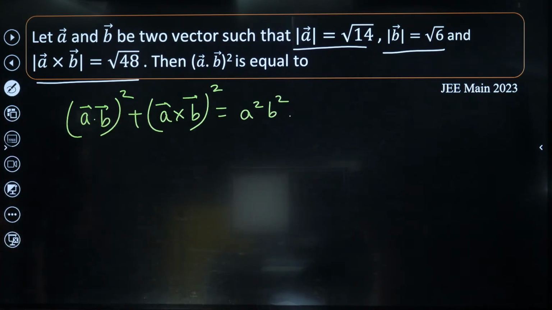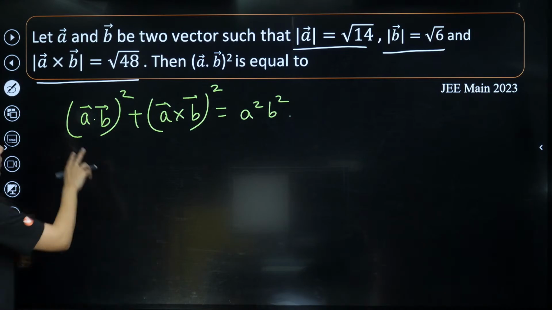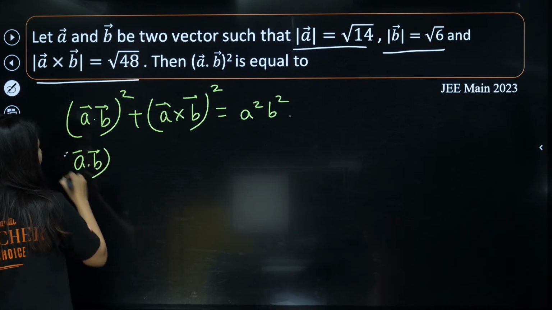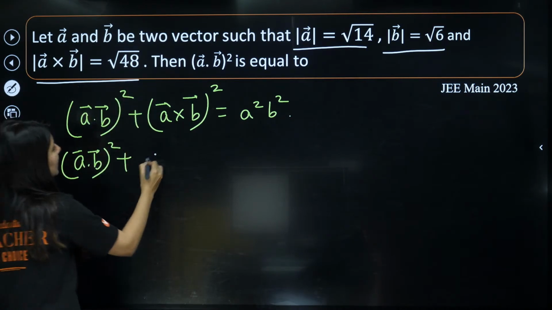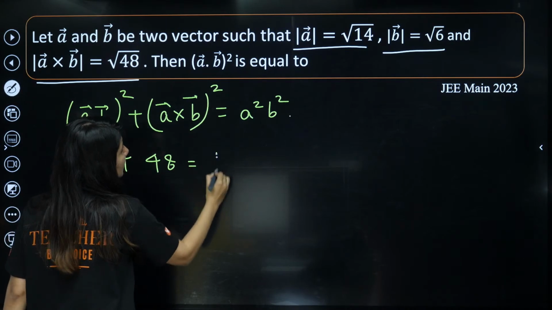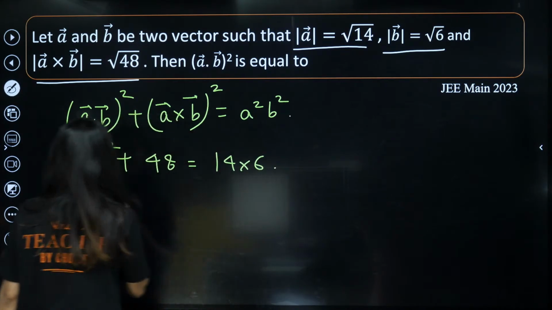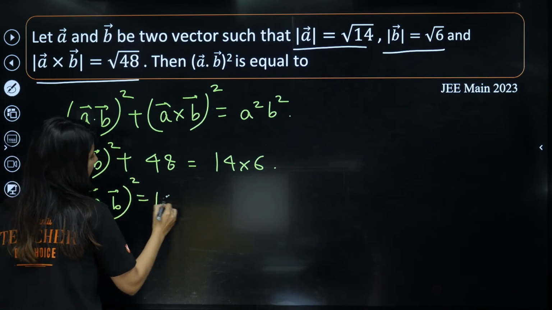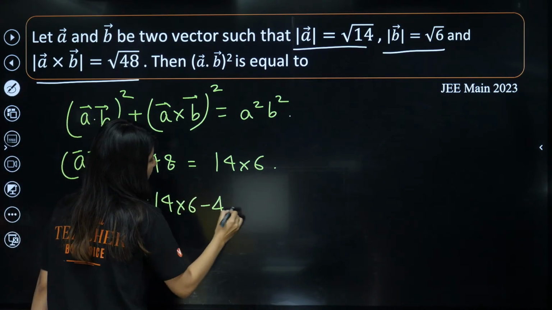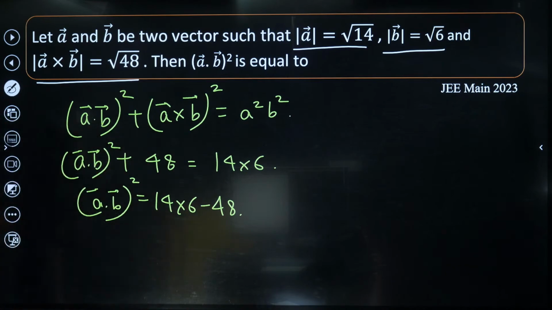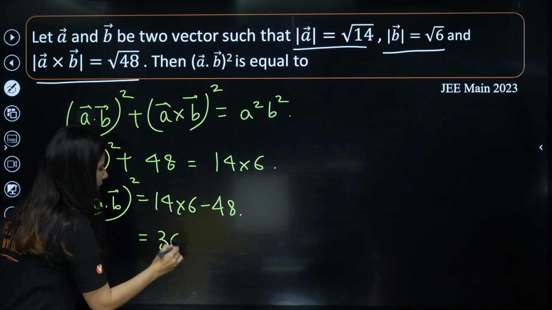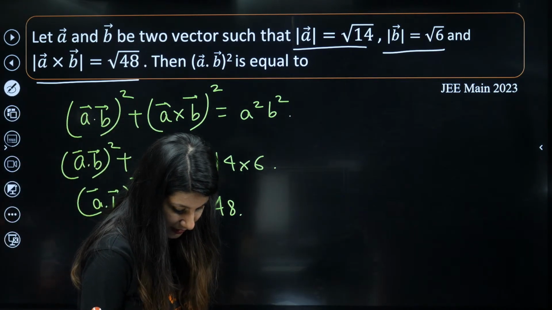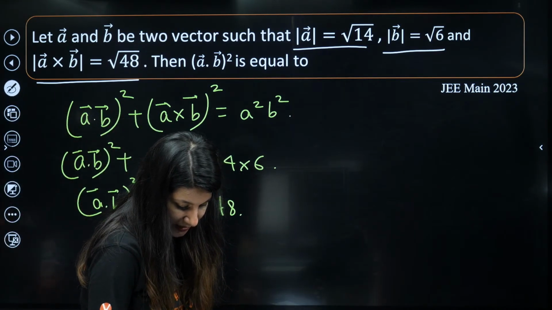The square of A dot B you don't know, so that is what you're looking for. A cross B squared is 48. A square B square is 14 into 6. So A dot B whole square would be 14 into 6 minus 48. Yes, so 36 will be the correct answer. Easy peasy lemon squeezy.